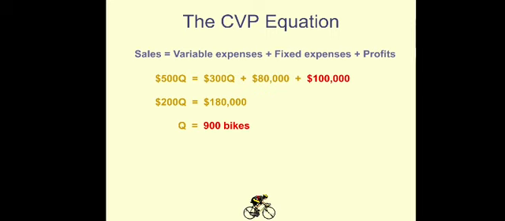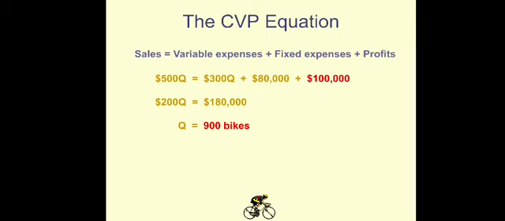So the equation is total revenue equals total variable cost plus total fixed cost plus the target profit. For this bicycle business, the total revenue is 500Q. 500 is the price for each bicycle. Q is the quantity that you want to find, the quantity of bicycles to be sold to achieve the $100,000 profit.